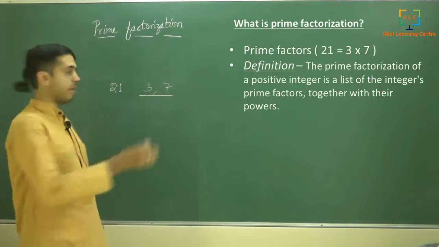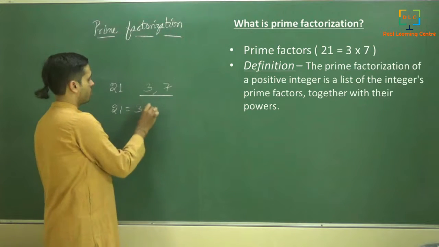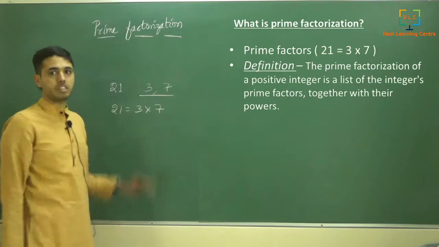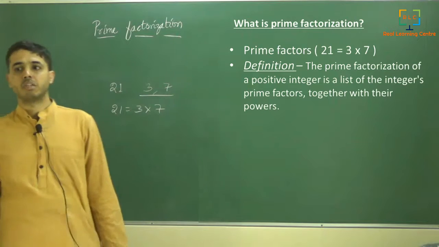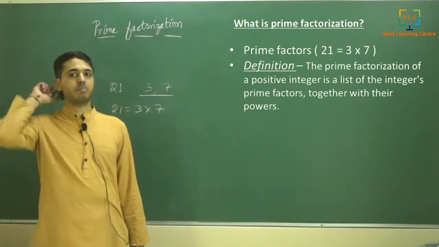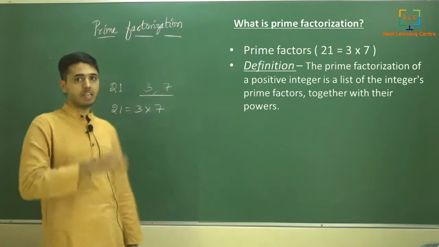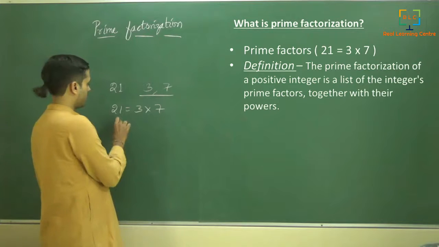So the prime factorization of 21 is 3 into 7. And we write it together with their powers. Let us take another example. We take 4.